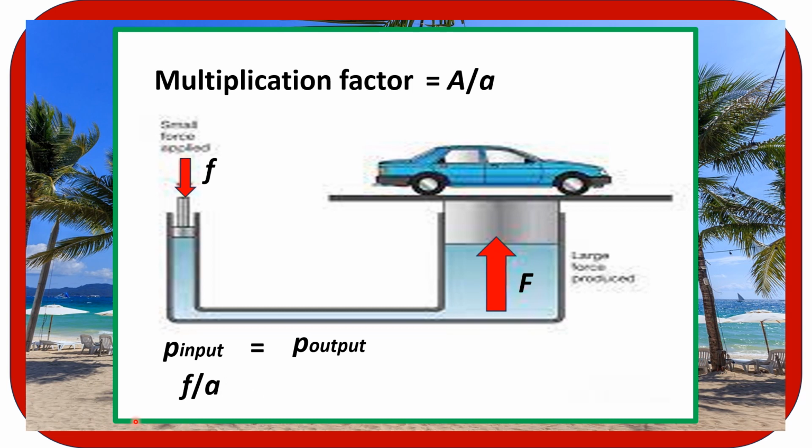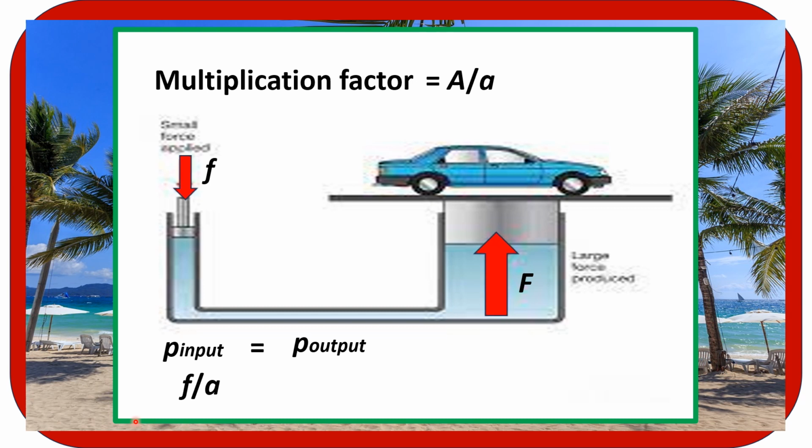Alright? And as we know, pressure is just the amount of force F divided by the area. Alright? And this force is directed such that it is always perpendicular to the surface area of the piston.